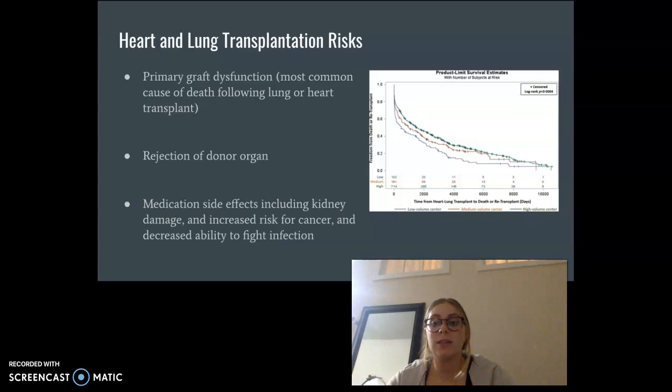So there's a huge chance that it'll just get rejected. And then the last risk is side effects from the immunosuppressants themselves, which is the medication you're put on after you get a transplant. And that just includes kidney damage, increased risk for cancer, and then obviously immunosuppressants decrease your ability to fight infection.